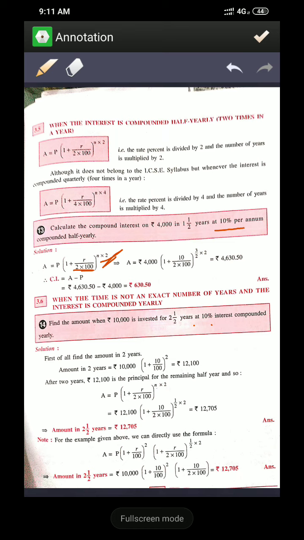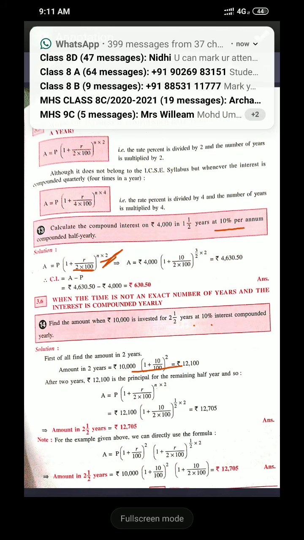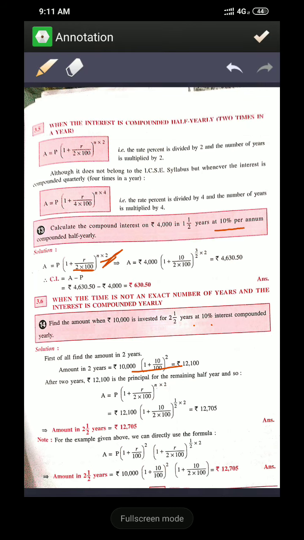So for 2 years you can find with the formula: amount in 2 years is 10,000 into (1 plus 10 upon 100) whole power 2, which is equal to 12,100. Means after 2 years you are getting 12,100.